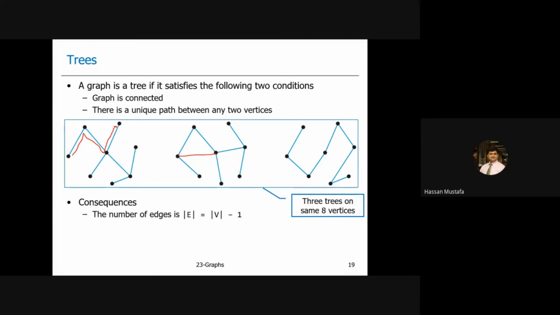If I connect any two vertices here using an extra edge, it would be a redundant edge. So removing all the redundancy from a graph makes it a tree. In order to connect two vertices, we only need one edge.